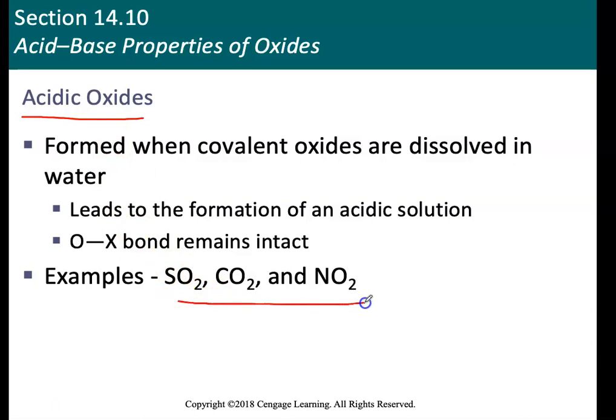Non-metal oxides, meaning these are pretty much covalent compounds, SO2, carbon dioxide, NO2, form acidic oxides. They lead to the formation of acidic solution. That's why carbon dioxide, when it dissolves in water, becomes acidic. So do these other two.